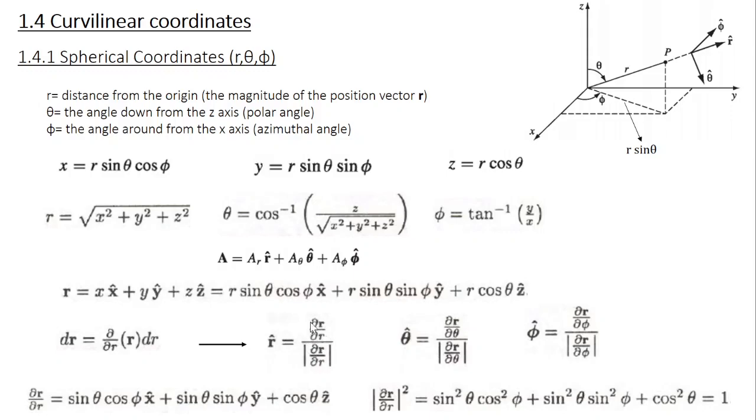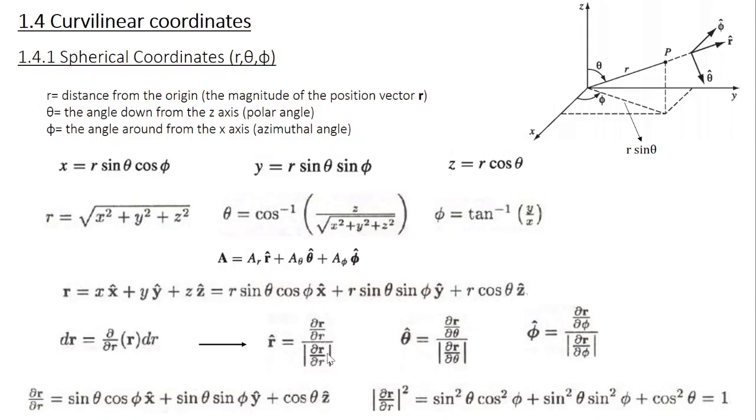So when you divide a vector by its magnitude, you get the unit vector in that direction. In the same way, you can define theta cap as dou r by dou theta divided by the modulus of dou r by dou theta, and phi cap as dou r by dou phi divided by the modulus of dou r by dou phi.